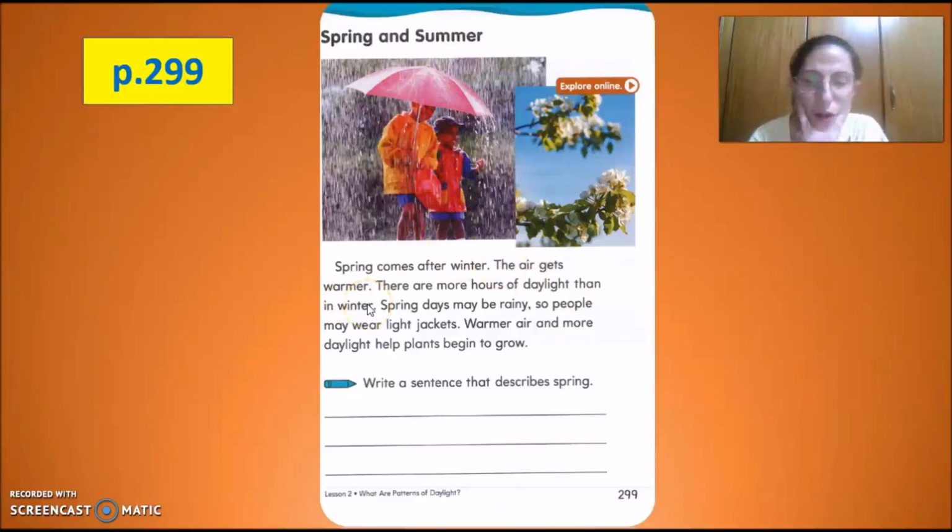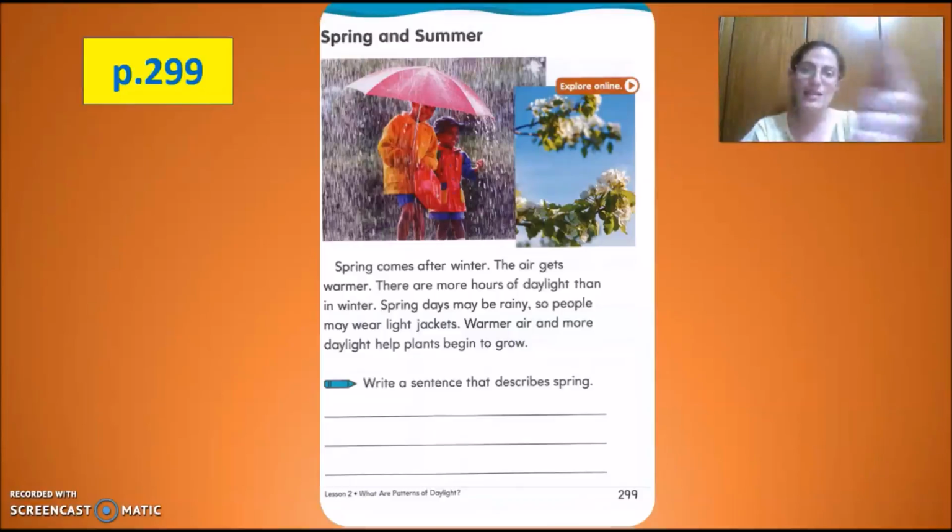Now let's think together. Why do we have more hours of daylight than in winter? Excellent, very proud of you. Because as we said in the previous video, the Earth is rotating around the Sun, and in order to complete one full rotation, it needs 365 days, okay? Which allows the Earth to provide us with 4 different seasons.